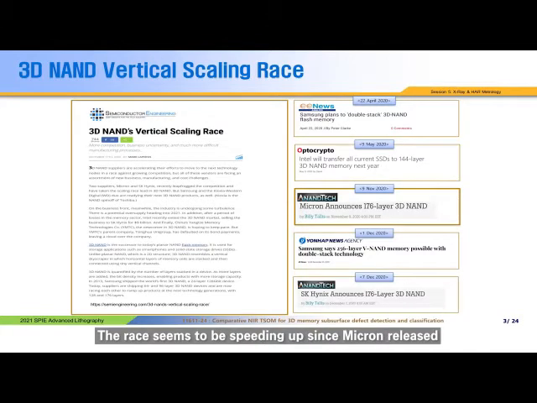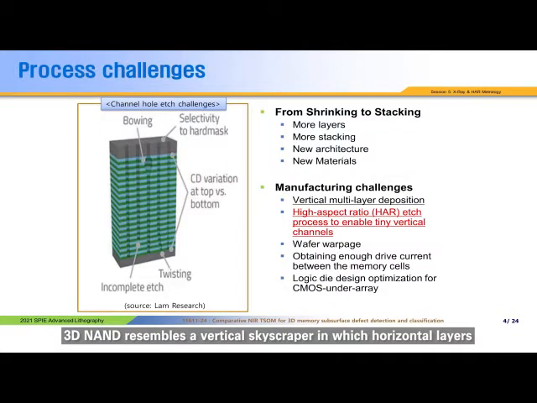The race seems to be speeding up since Micron released 176-layer 3D NAND in November last year. 3D NAND resembles a vertical skyscraper in which horizontal layers of memory cells are stacked and then connected using tiny vertical channels. 3D NAND suppliers are facing manufacturing and cost challenges, especially from high aspect ratio hole etching process.